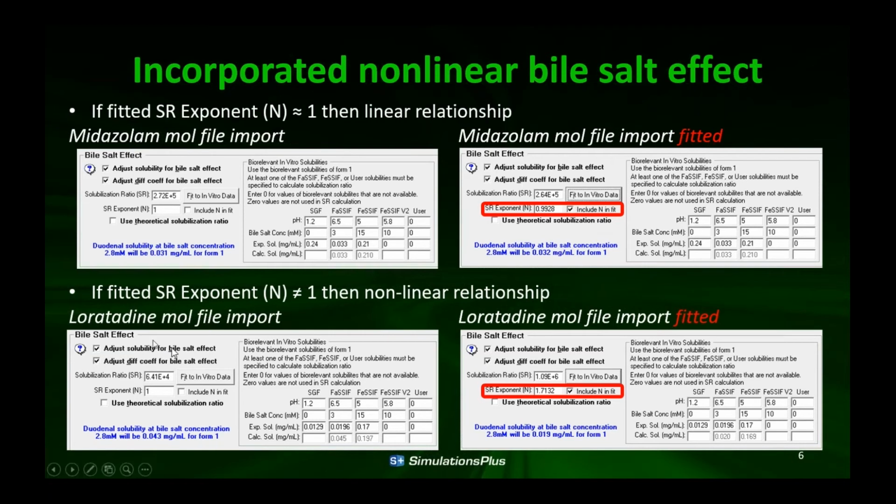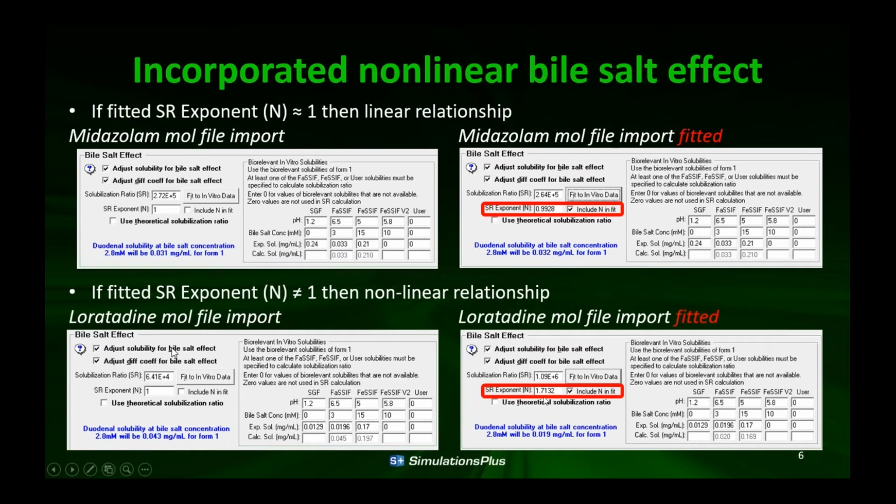But there are some cases, like the loratadine example, where after the structure import we have the in silico predicted solubility. If we use the linear model to fit the solubilization ratio, you could find the calculated solubility does have some difference, especially in the passive medium. If we include this exponent term in the fitting, you will find this fits a nonlinear relationship better.